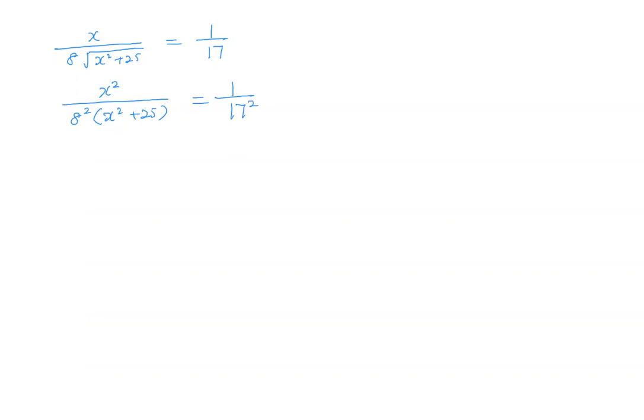So I just do it like that. So I have 17 squared X squared equal to 8 squared X squared plus 8 squared times 25. So I just leave it. So I bring the common factor over.